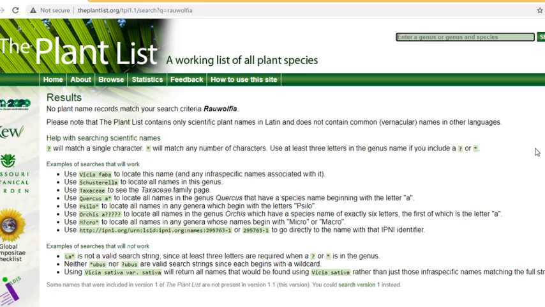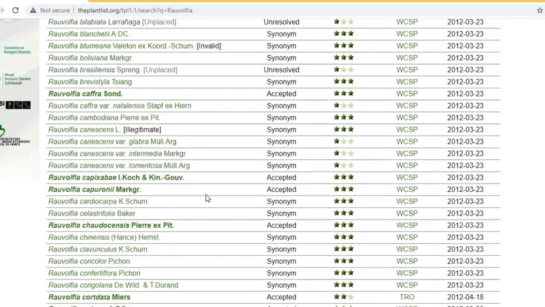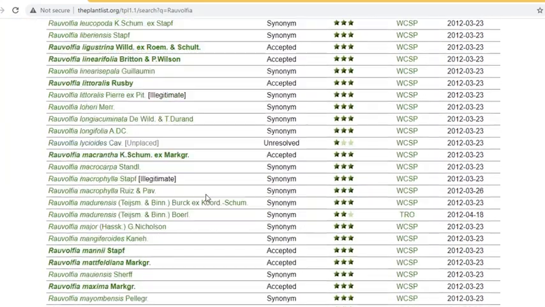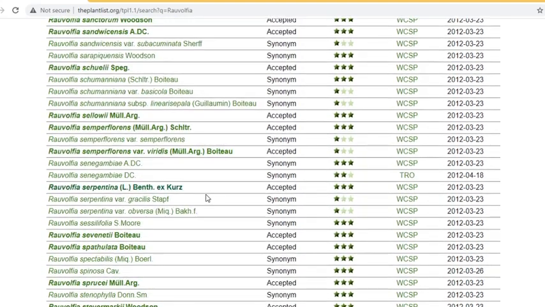So let us look for the other spelling, Rauwolfia. See, it's there, Rauwolfia serpentina. Now there are so many species of Rauwolfia, but we are interested only in Rauwolfia serpentina. Look at this one, Rauwolfia serpentina, Linnaeus, Bentham ex Kurz, accepted name.